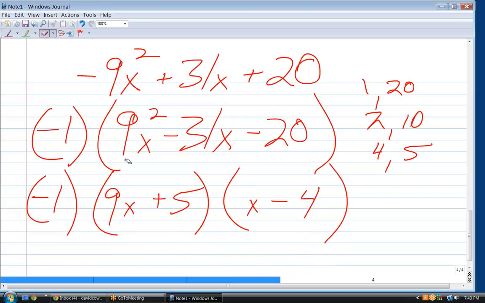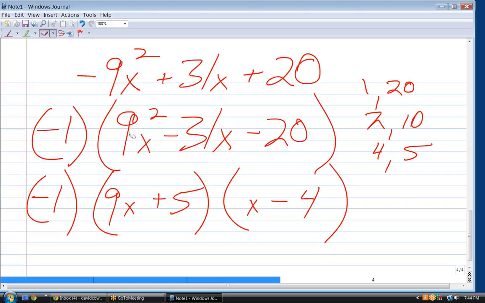First of all, it starts with a negative sign in front of the x squared. So you got to get rid of that. Second of all, there's a number in front of the x squared even after you get rid of the minus sign, and this factors in 2 different ways. Thirdly, 20 factors in 3 different ways.